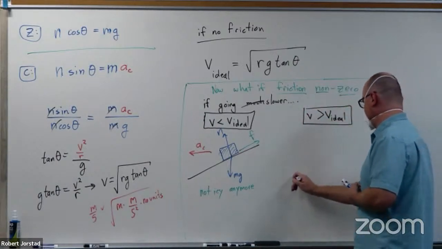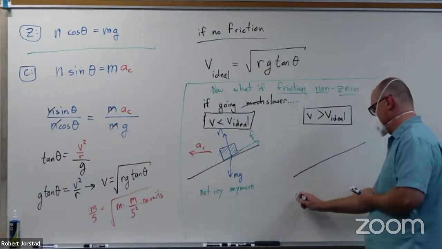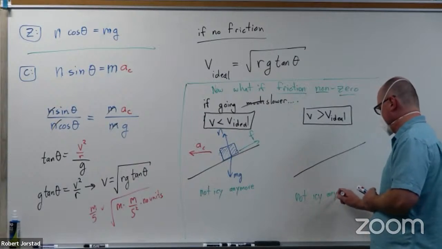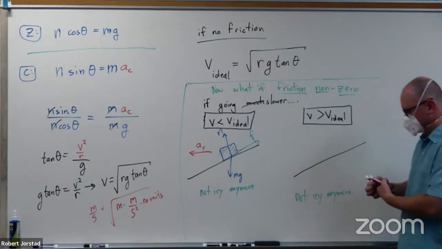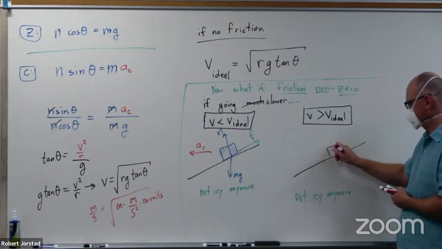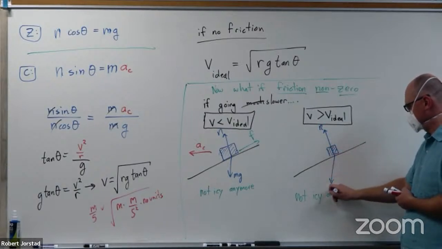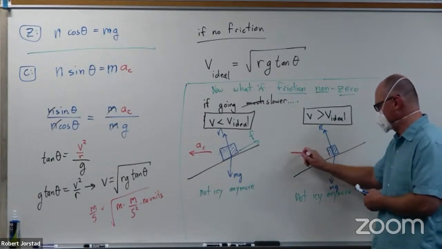So if you're going faster than V ideal, we're still going to have our incline. It's still not icy. There's still going to be this block, a normal force, and mg. There's still going to be acceleration towards the center.